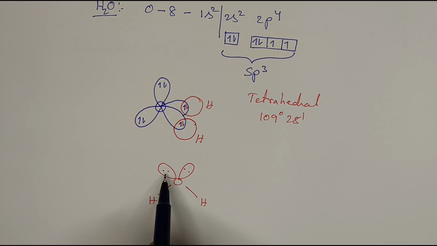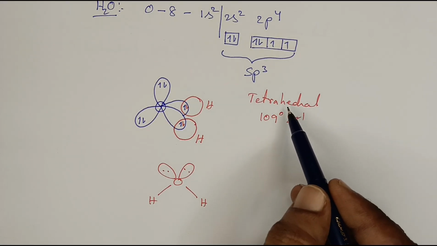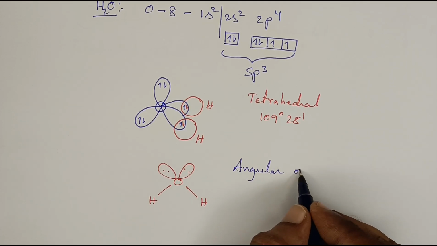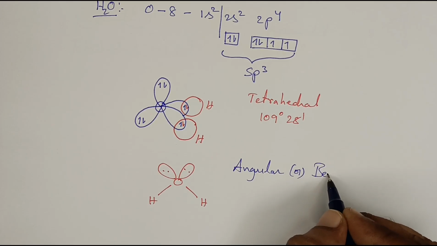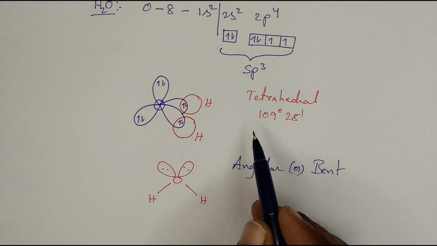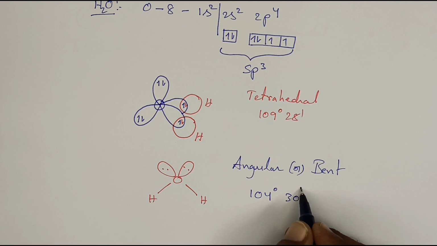The lone pair repulsions are more, that means their magnitude is very high compared with the lone pair bond pair repulsions. Due to these two types of repulsions, the shape changes from tetrahedral to angular or bent, and the bond angle changes from 109 degrees 28 minutes to 104 degrees 30 seconds.